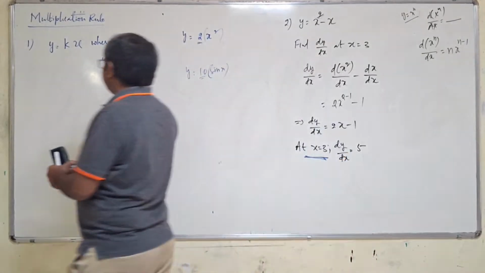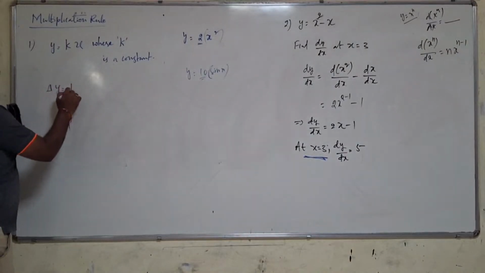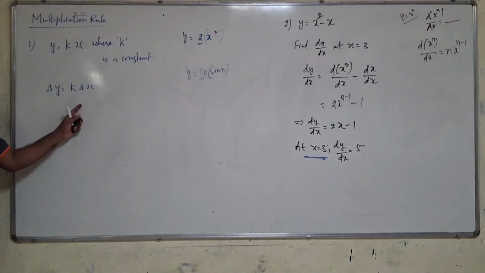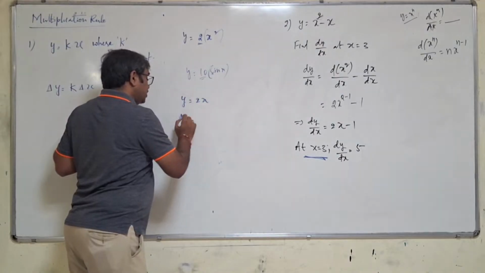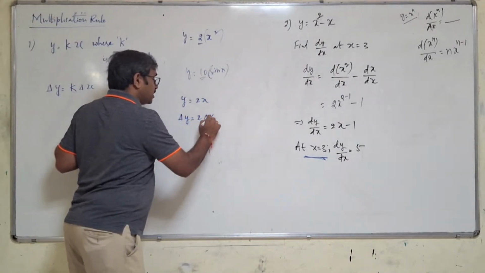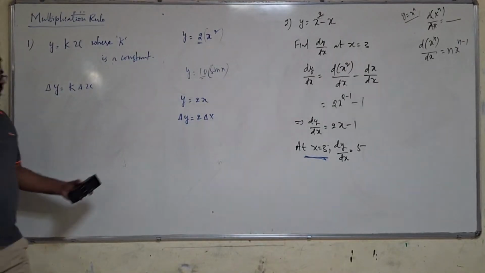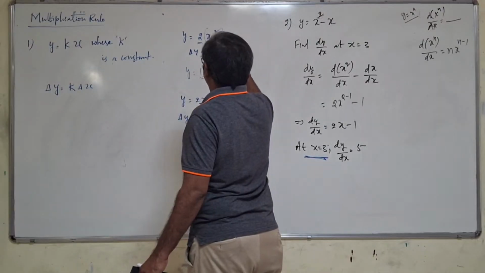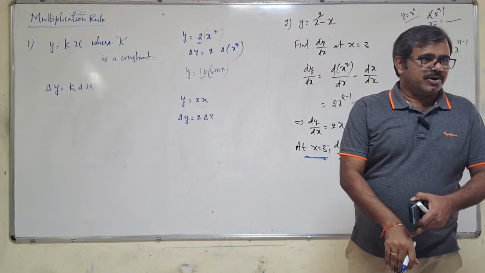So when y is equal to ku, change in y is equal to k times change in u. Can I say this? Suppose y is equal to 2x, change in y is equal to 2 times change in x. If y is equal to 2x square, change in y is equal to 2 times change in x square. Are you following me?